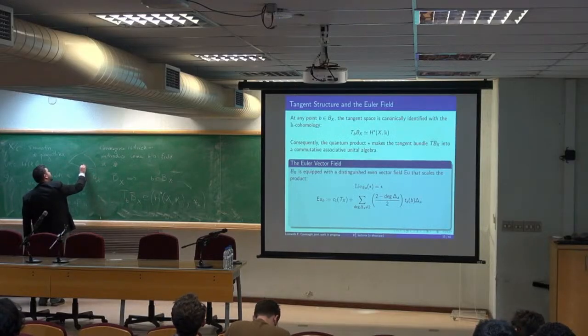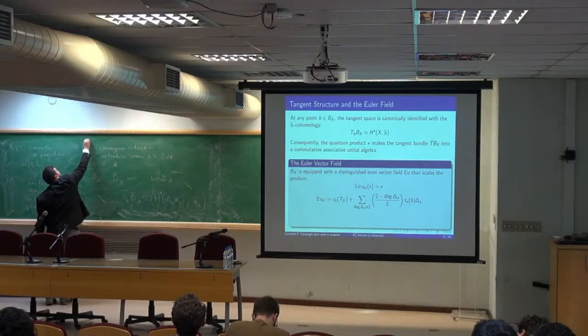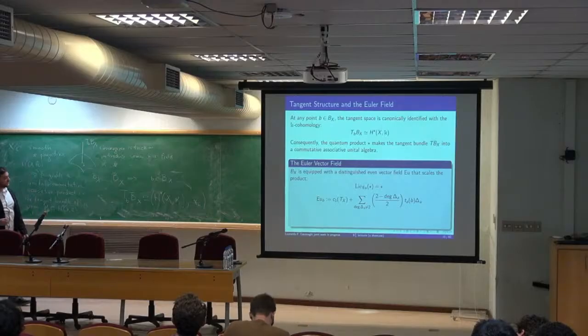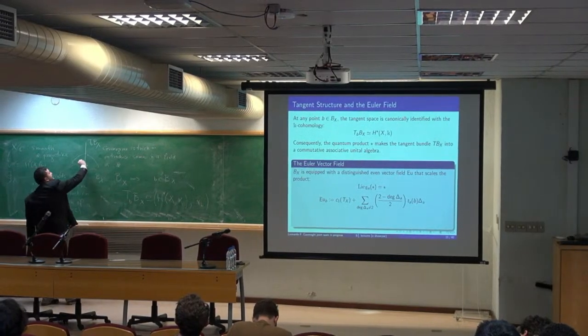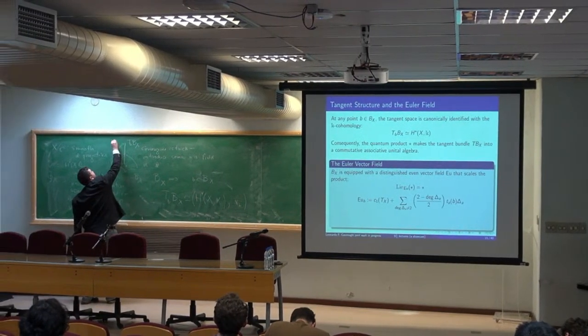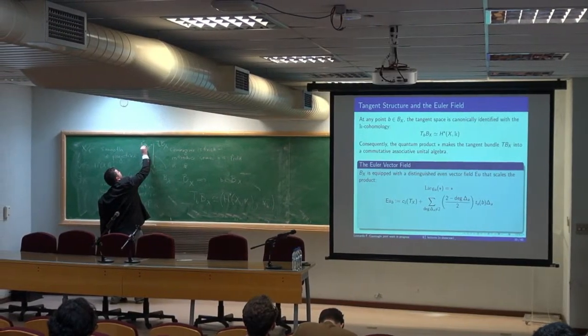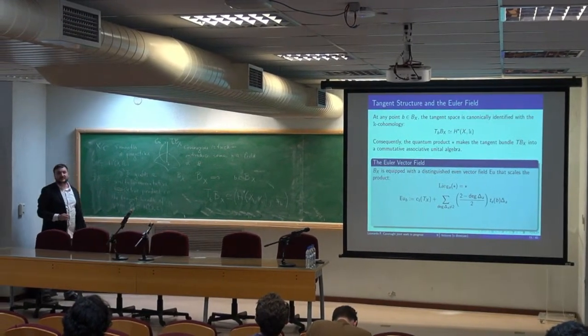Then you have your point. You have the tangent space. In these particular constructions, we ask the existence of some nice vector field that's called Euler at this point that Ludmil just wrote.